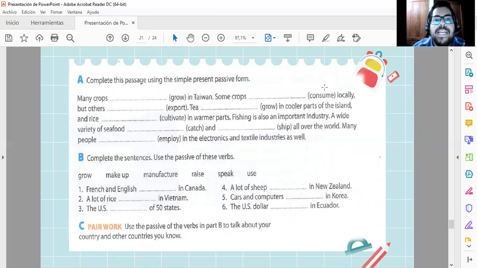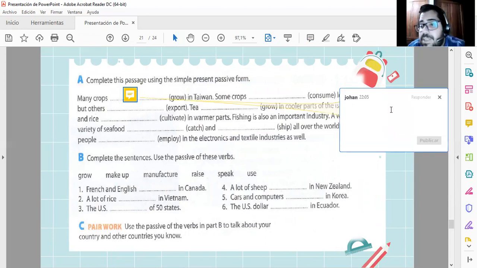Let's do the first line. This is something similar to the exercise before. So for example, in here it says many crops, and this is with the simple present. So many crops, all right? So we say is or are or am. Come on, right? We say are. And grow, guys, go to the list, Google. What is the third column, the past participle of grow?